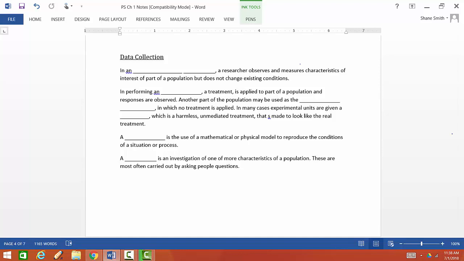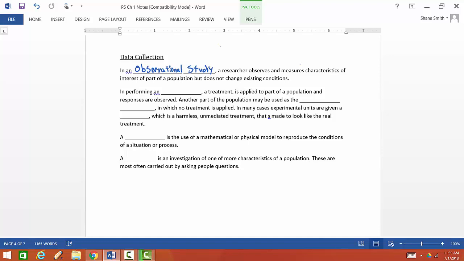Okay, so there's 4 main ways you can collect data, and first, we're going to talk about an observational study. In an observational study, basically, a researcher observes and measures characteristics of interest of part of a population, but does not change existing conditions.